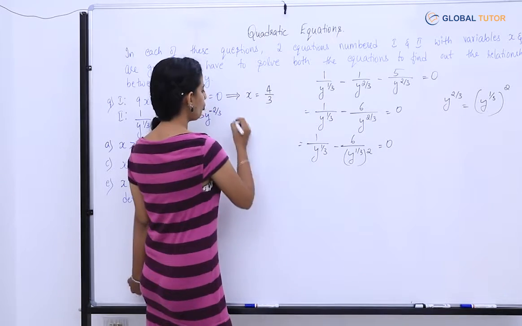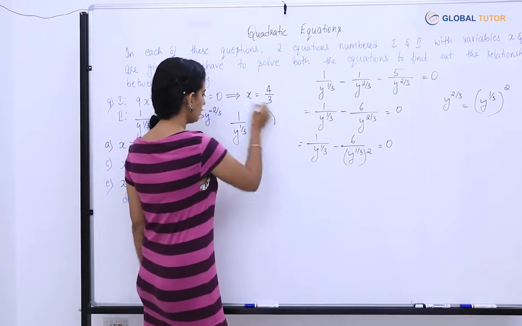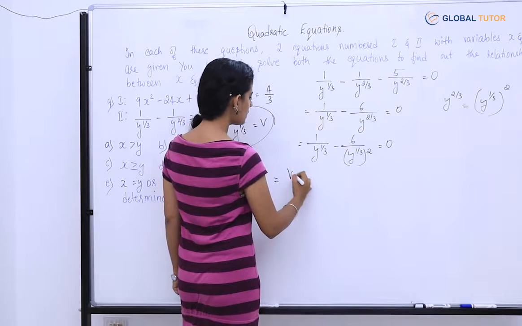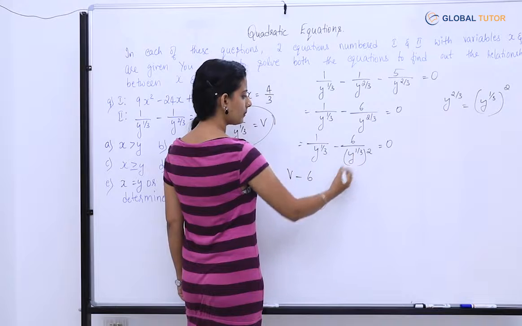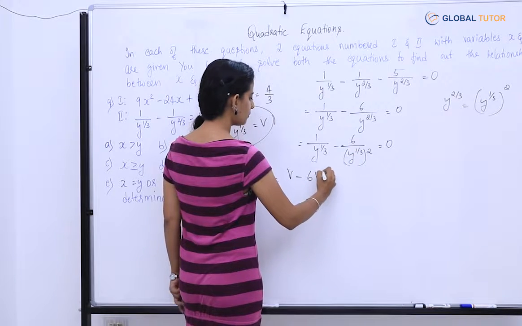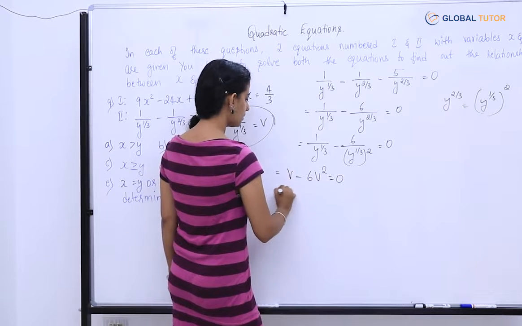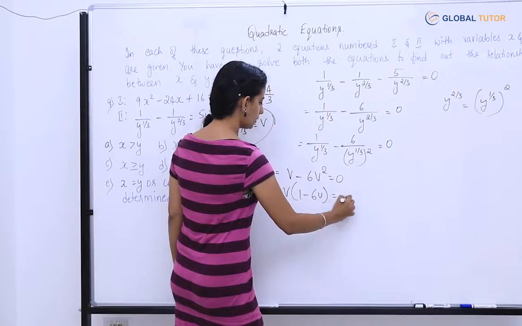Let us assume 1 divided by y power 1 by 3 as v. Alright, so we will replace this value here. This becomes v minus 6 into 1 by y power 1 by 3 square, so this becomes v square is equal to 0. Here we can take v common. So this becomes v into 1 minus 6v is equal to 0.